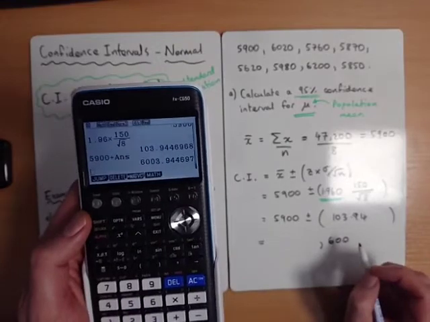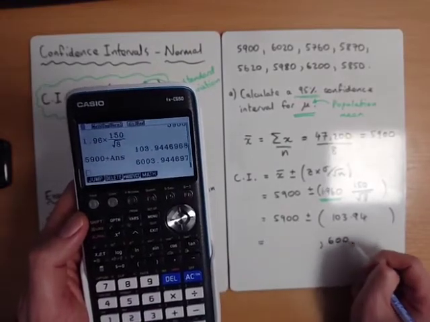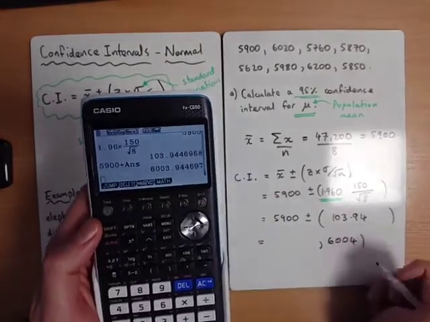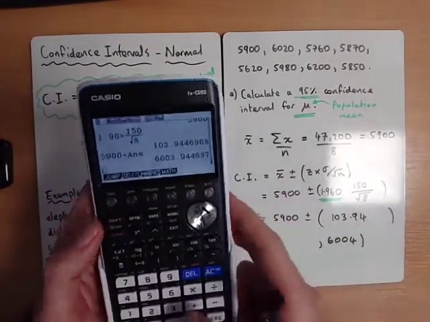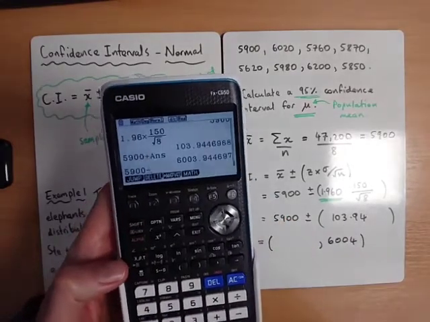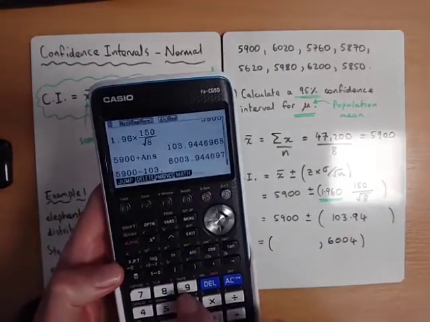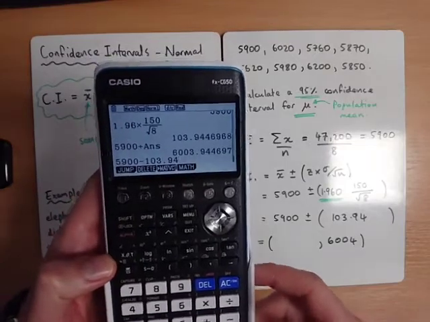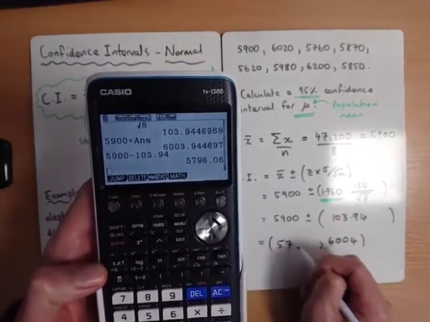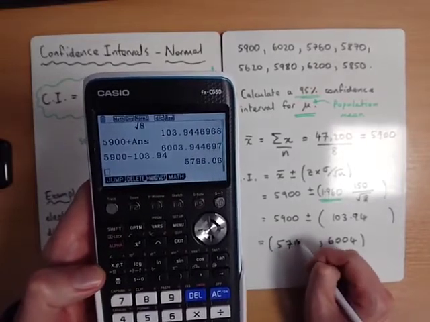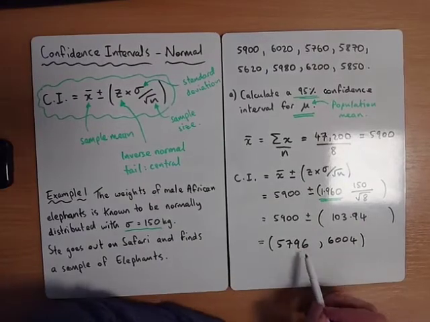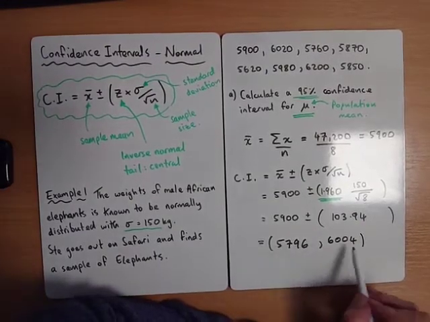Remember in statistics, 4 significant figures, so 6,003.9, I'm going to write 6,004. So I've just added it on there, and if I subtract it, so 5900 minus 103.94, that gives me 5796. So we should write off our answer almost like a coordinate.